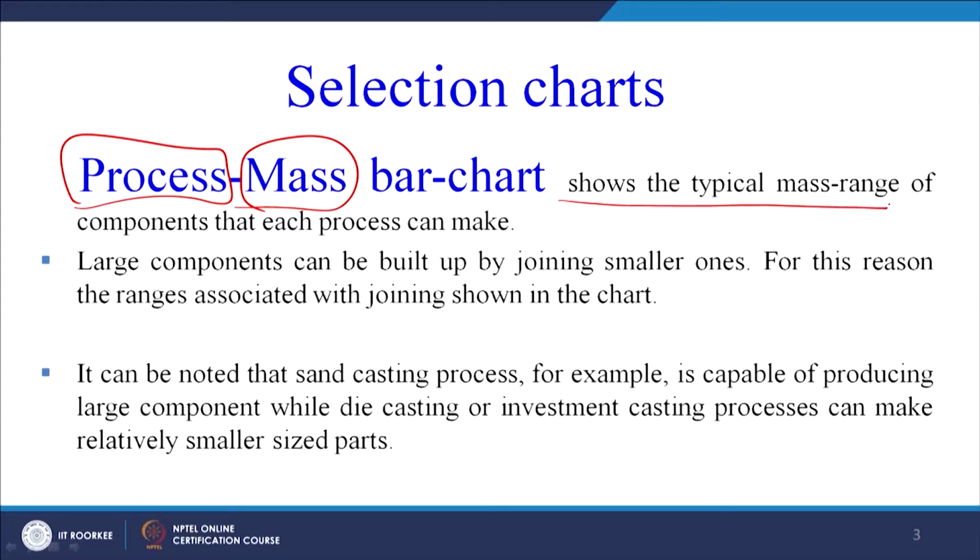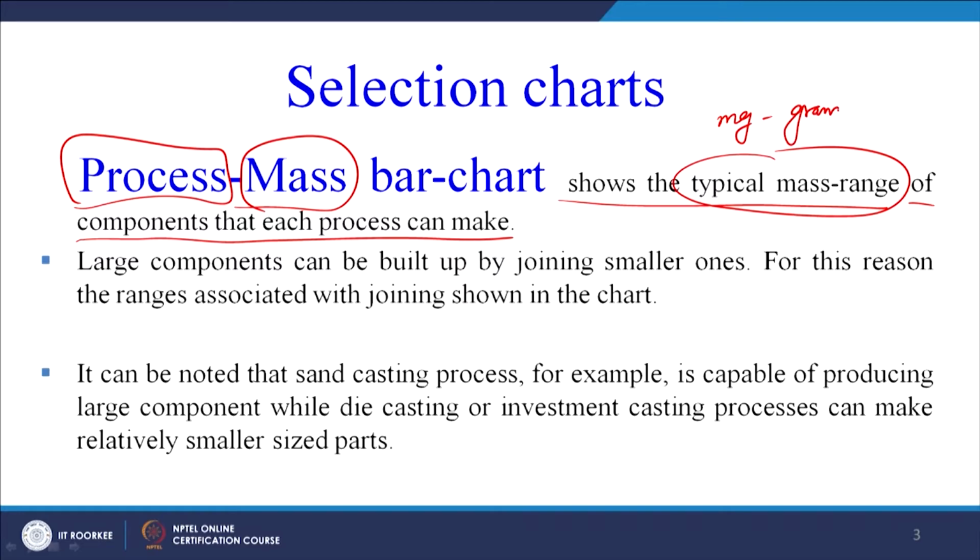So let us now try to see that process mass bar chart. What is it? It shows the typical mass range of components that each process can make. Very simple English language, shows the typical mass range. Already I have told you, maybe from milligrams to grams or from grams to kilograms.